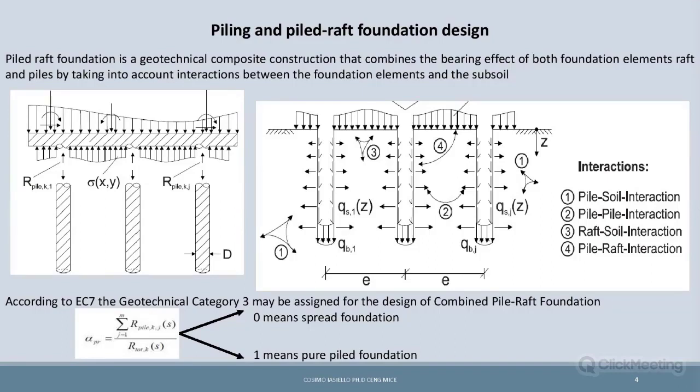Which value to use? According to the publication of Paulus of 2000, we should use between 0.5 and 0.8. In other words, piling should work more than the corresponding raft foundation.